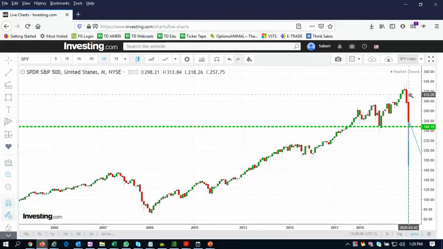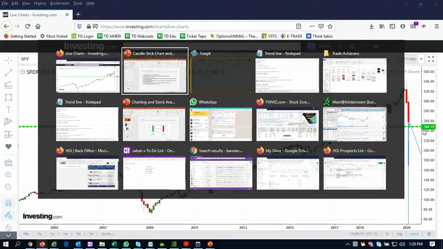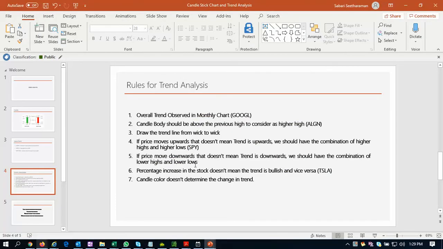So we should have a combination of lower lows and lower highs to determine a downtrend. Just one or two candles don't determine that it has a downward moving trend. And if price moves downward, that doesn't mean the trend is downwards. We should have the combination of lower highs and lower lows.